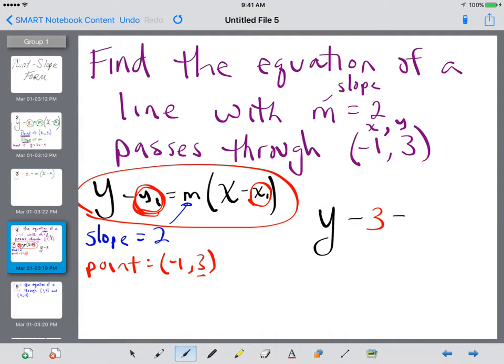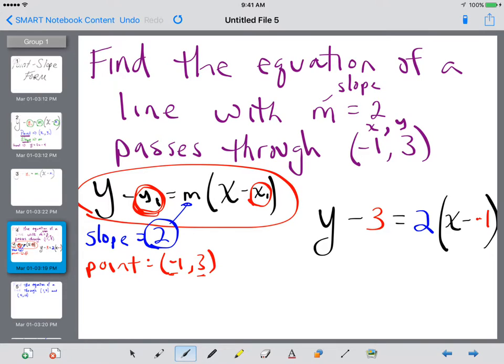Equals the m. M is 2. My slope is 2. So I'm going to plug a 2 in for the m. And we're going to have x minus, and now I need to plug in -1 for the x point. So I put -1 and finish it off.